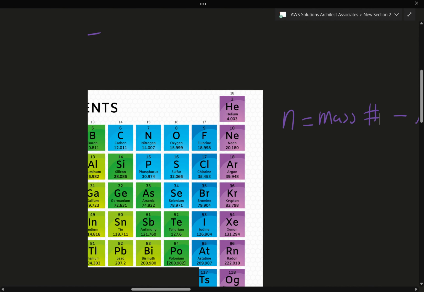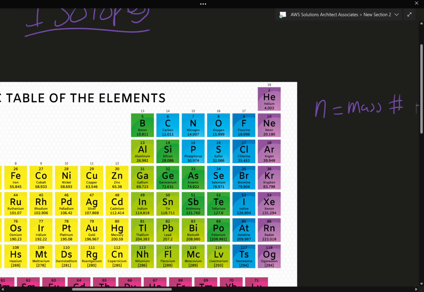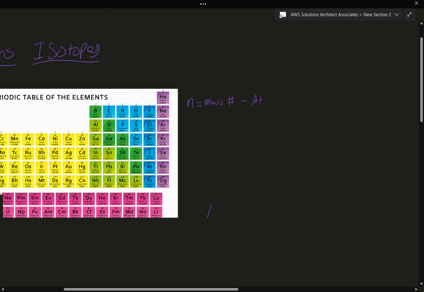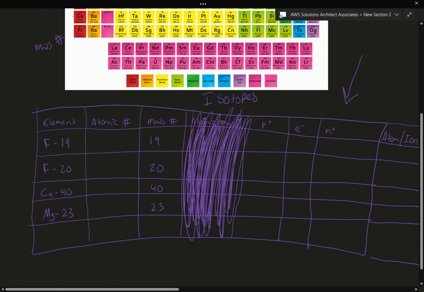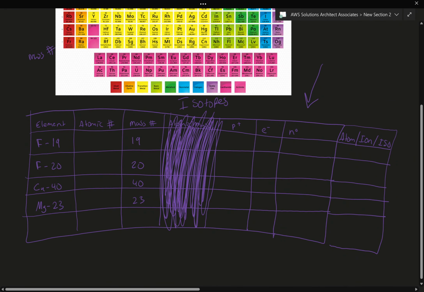So wherever it says fluorine 19, we know that that is the atom. Anything that is not fluorine 19 is our isotope. So fluorine 19, we know that's our atom, so I'm just going to put atom. And fluorine 20, since it is not on the periodic table, isotope.